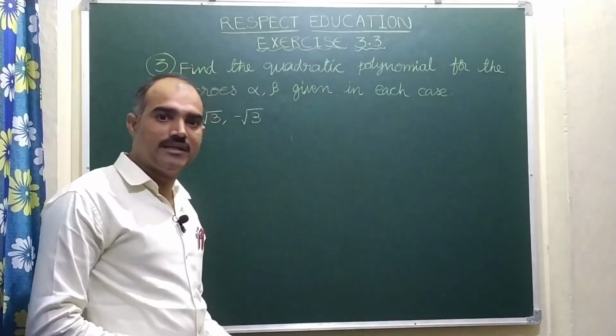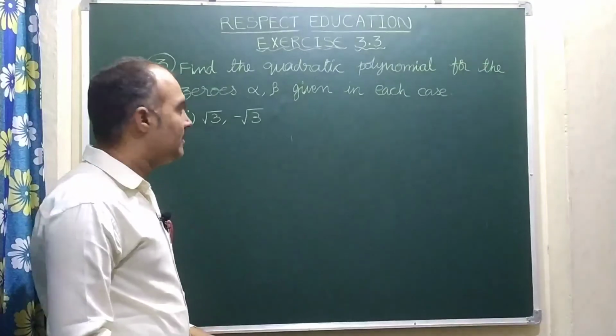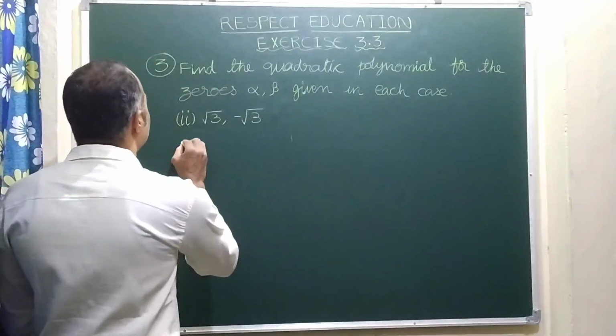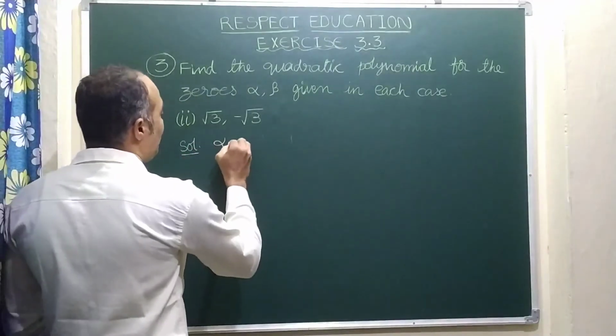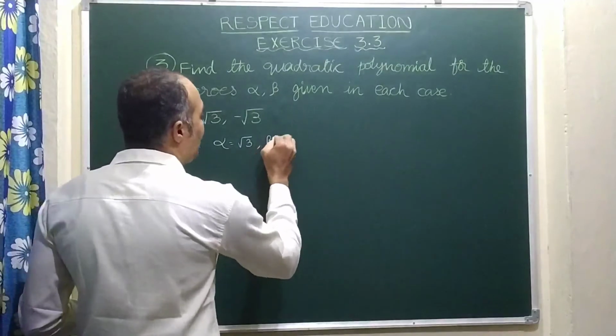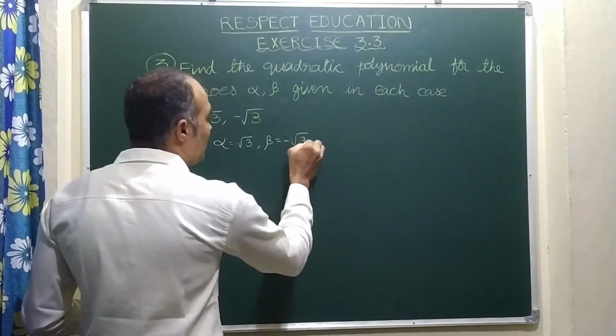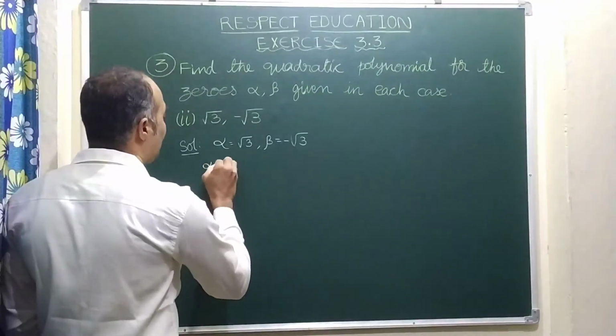Let us do next bit, that is second bit. Root 3 and minus root 3. So here root 3 is nothing but alpha. So alpha is root 3 and beta is minus root 3. Now we find first alpha plus beta.